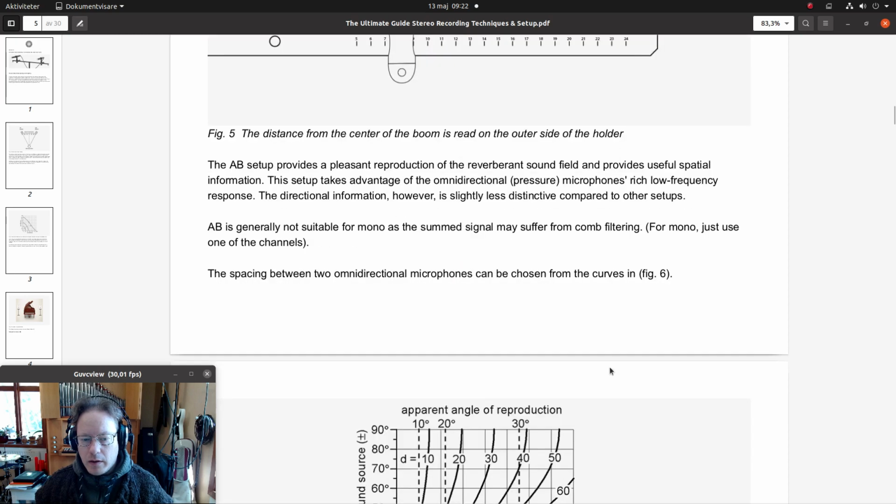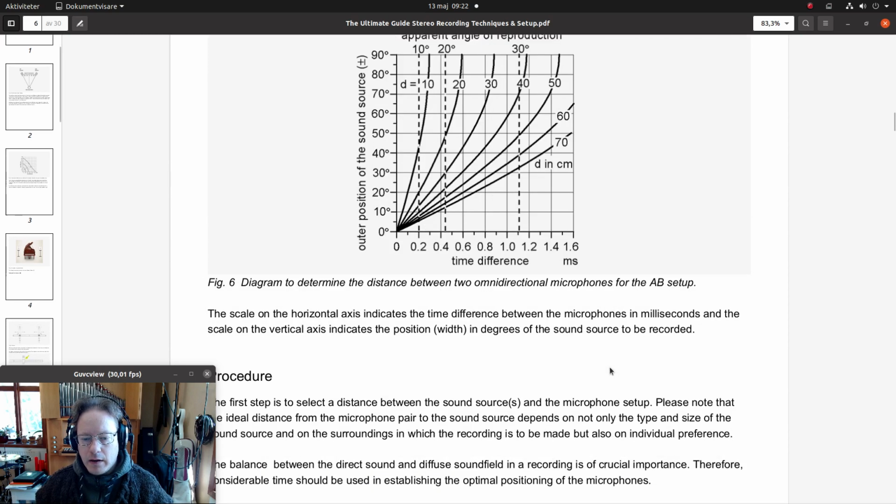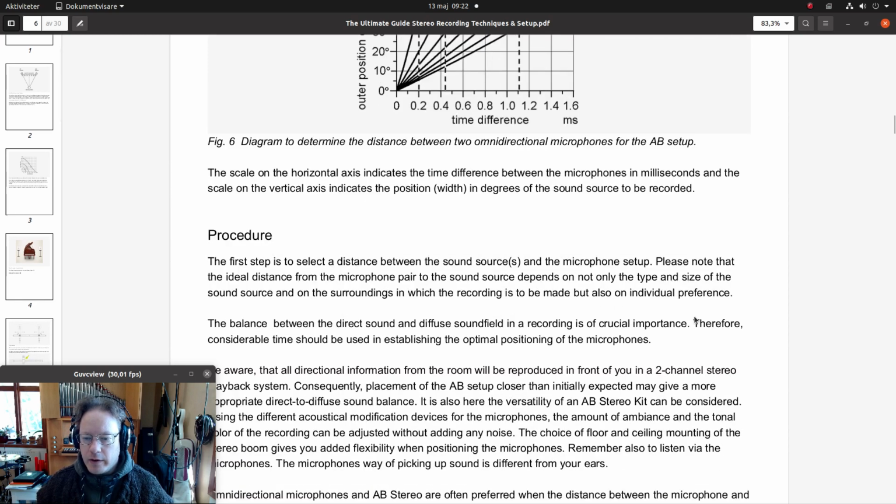So in this document, they have written a few things that are important whenever you're recording. The first step is to select the distance between the sound source and the microphone setup. Yes, so how do you do that? Well, this is actually the key.